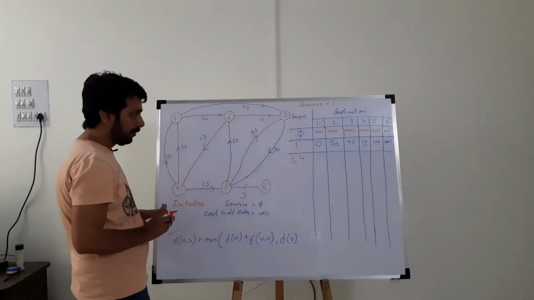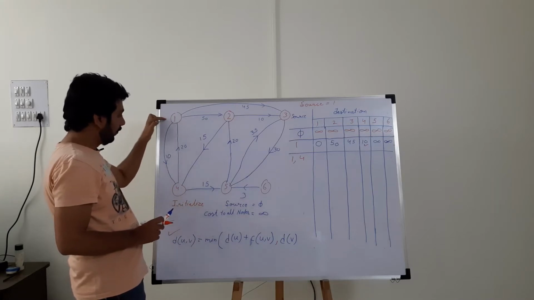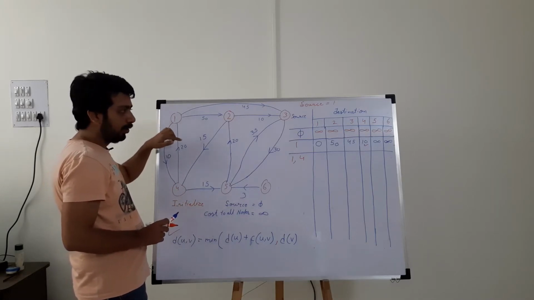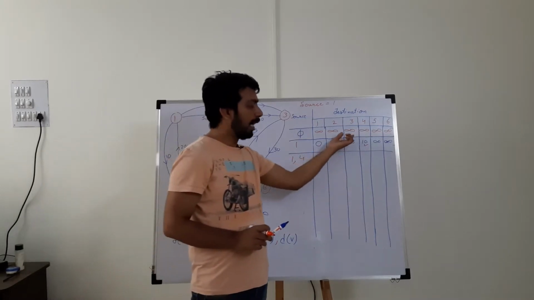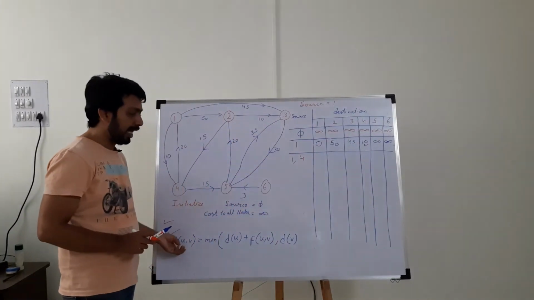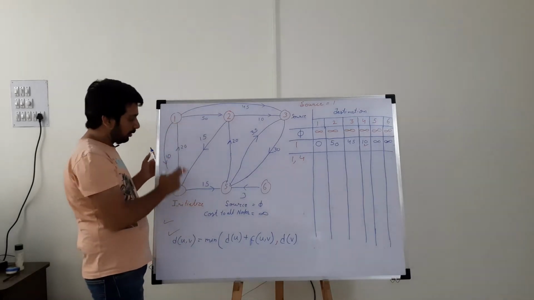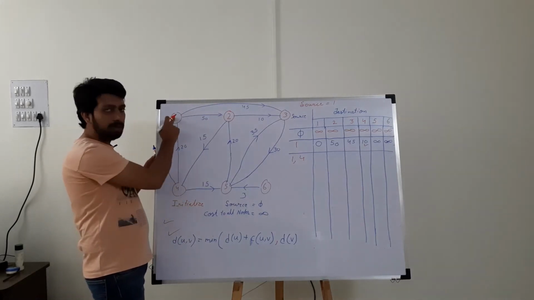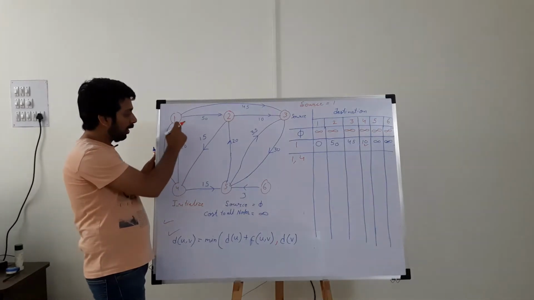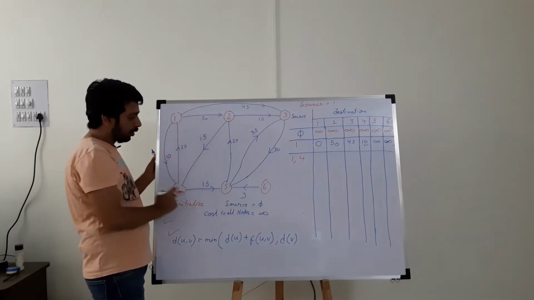Now here 4 is directly connected with 5 as well as 1. So cost of other nodes might be changed based on this equation. That means if there already exists a cost, suppose 1 to 1, cost is 0, and now there is another path 1 to 4 and 4 to 1, so cost is 30.